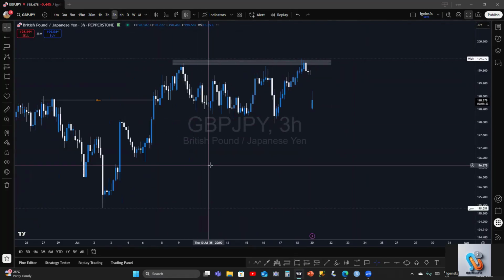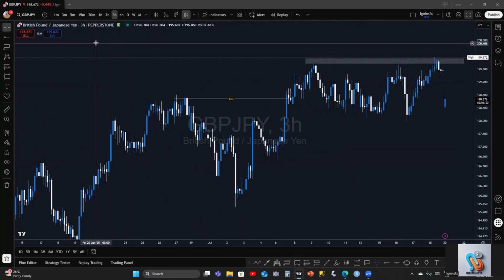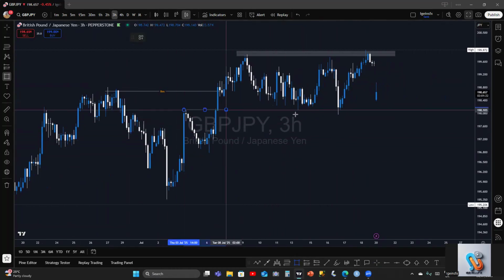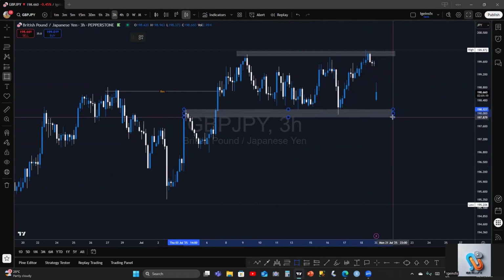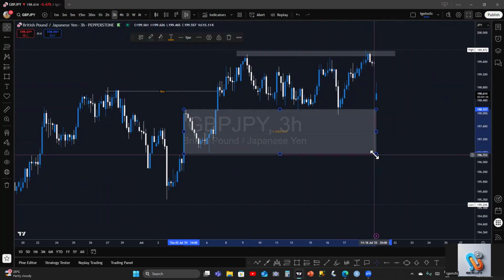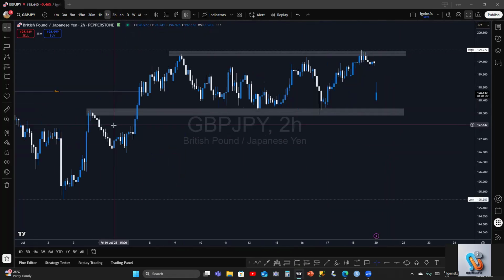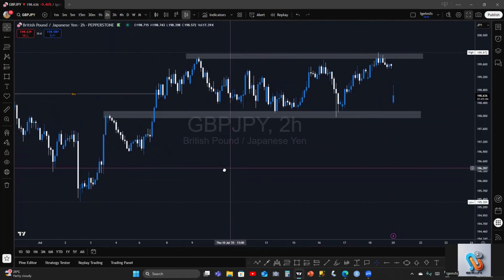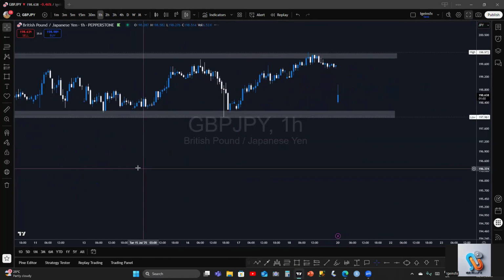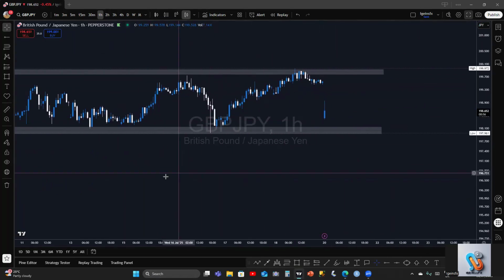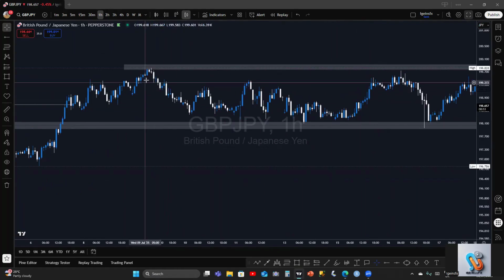So we scale down to 3 hours. The resistance there, the support here. Price entered the range here. You can see, it entered the range, bang, bang. It's been bouncing, that is 1, 2, 3, 4.